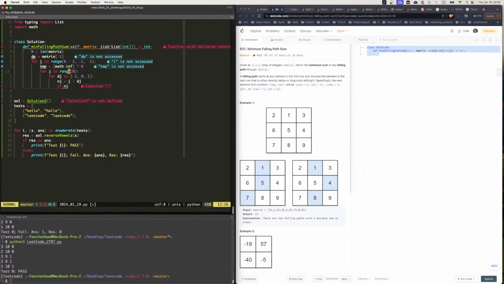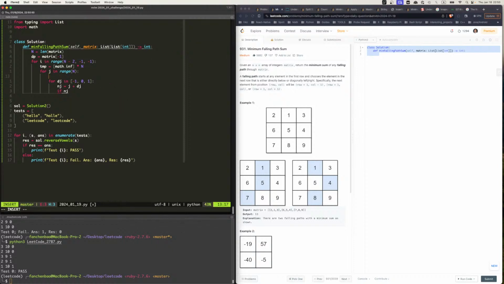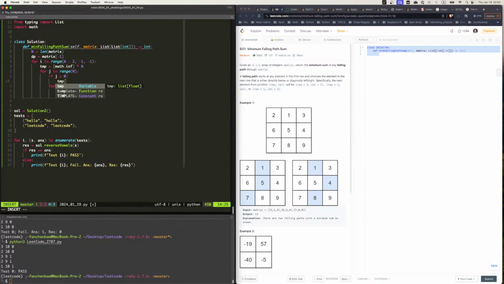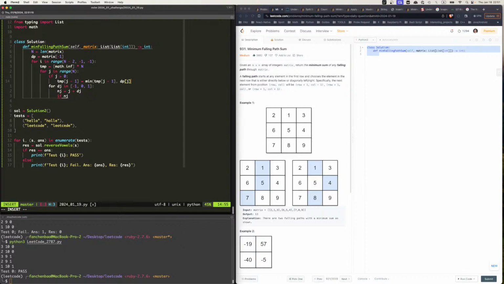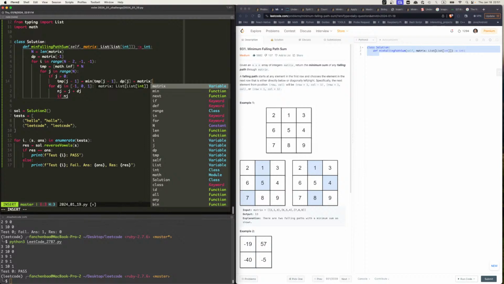Now it's only 3, right? Maybe it'll be easier. We just say if j is larger than 0, then temp[j-1] equals the minimum of temp[j-1] and dp[j] plus matrix... I, right?